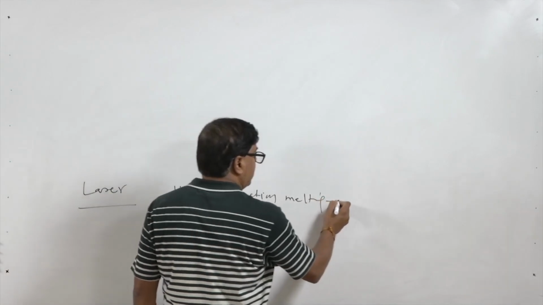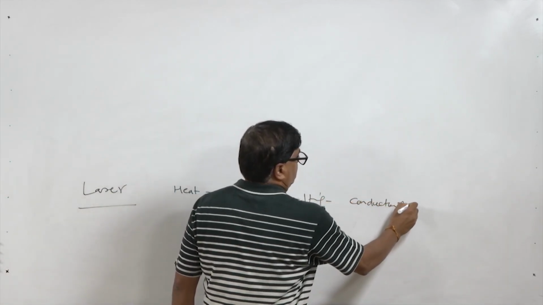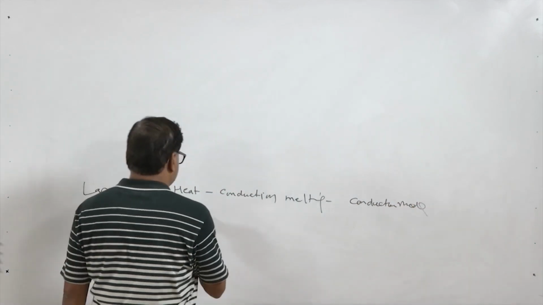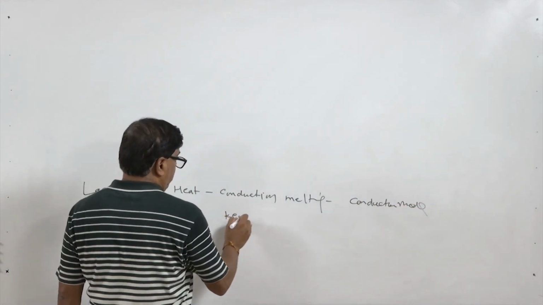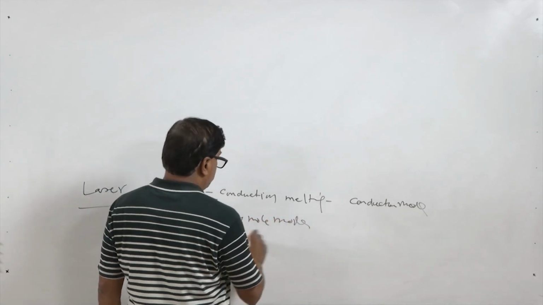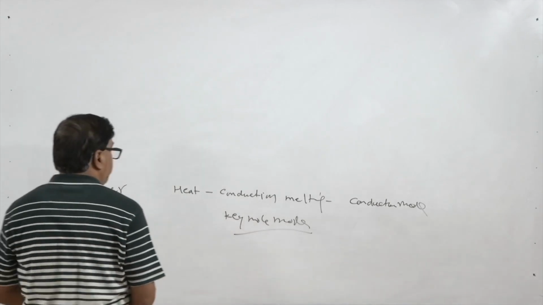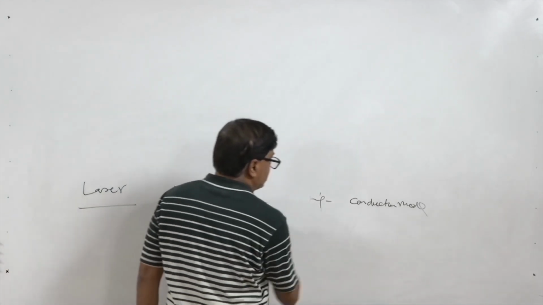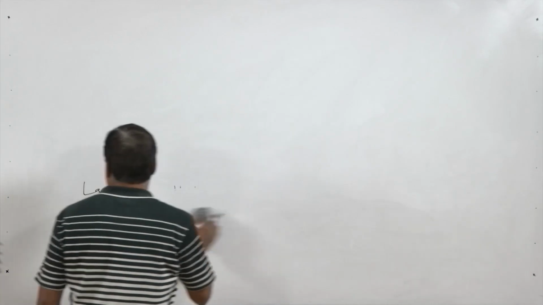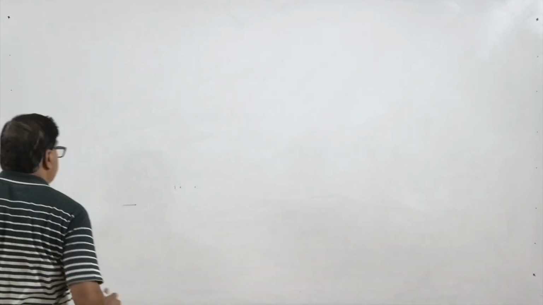This is called conduction mode, and another is keyhole mode. So, what is the difference between these and what happens when the laser is directed on the surface of the workpiece?